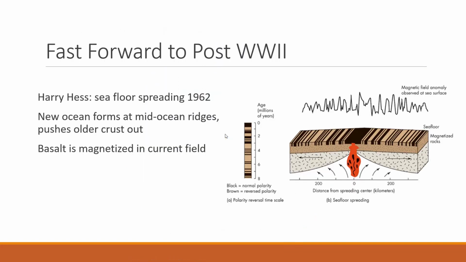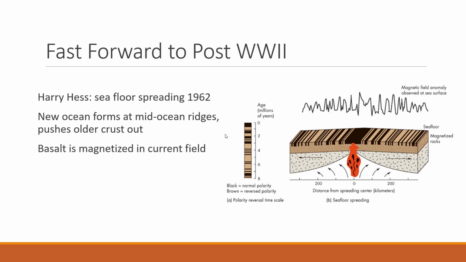So another important aspect of our studies is going to be looking at the magnetic signature of the seafloor. So if we move forward to after World War II, we got very interested in looking at the ocean floor during World War II because of the increased use of submarines.